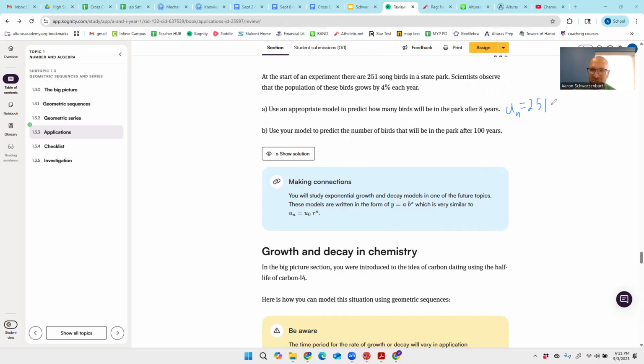After a full 8 years, it's growing by 1.04. We're going to do that to the eighth. Oops, that's not a very good eighth power. Let's make it an exponent. And we grab a calculator.